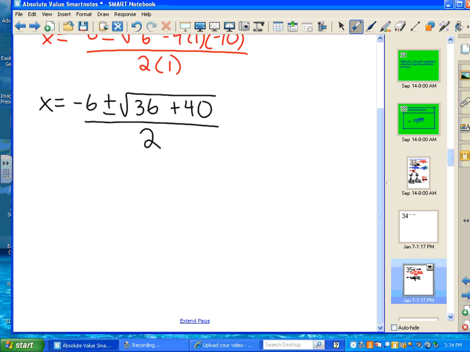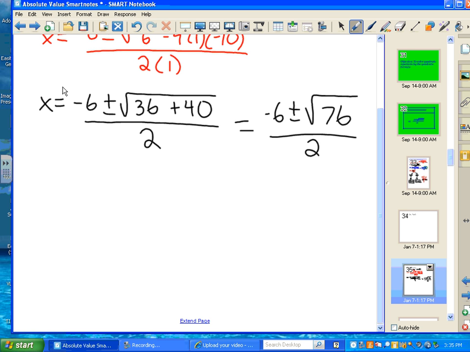Okay, so here's the fun part. If you're good at simplifying radicals, you won't mind this. You now need to look at that 76. We know square root of 76 is not perfect. So you need to find two numbers that multiply to give you 76. One of them should be a perfect square. So I want you to think about what two numbers we can multiply to get 76.